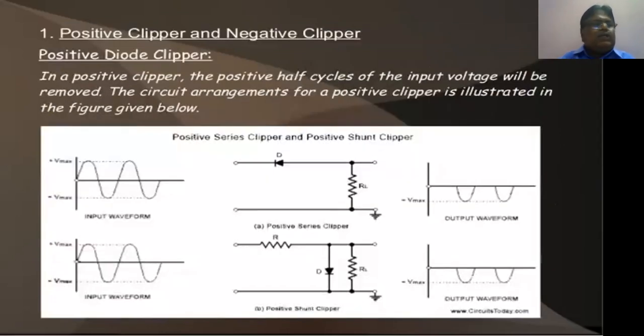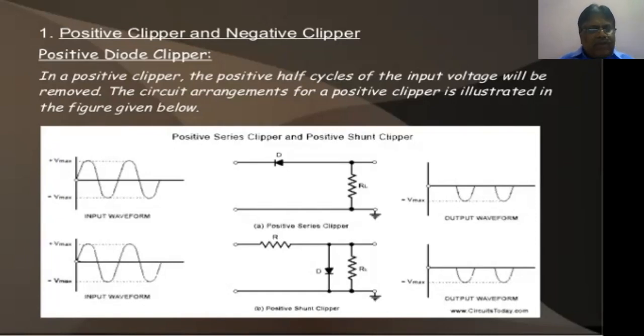Next, what is a positive clipper and a negative clipper? Here there are many circuit diagrams; please observe these circuits. In a positive clipper, the positive half cycles of the input voltage will be removed. The circuit arrangements for a positive clipper are illustrated in the figure below. Here are different diagrams: the positive series clipper and the positive shunt clipper. This is the input waveform.